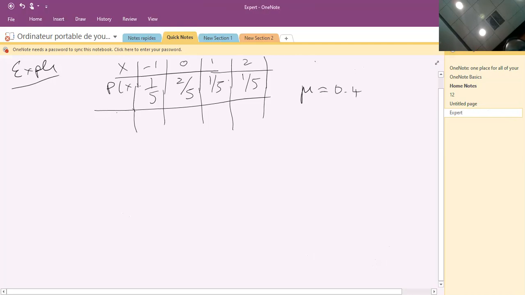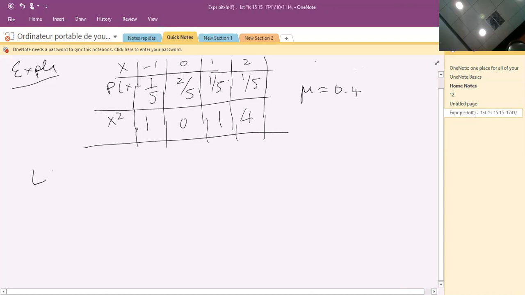So I will find the square of X. The square of X is 1, 0, 1, 4.